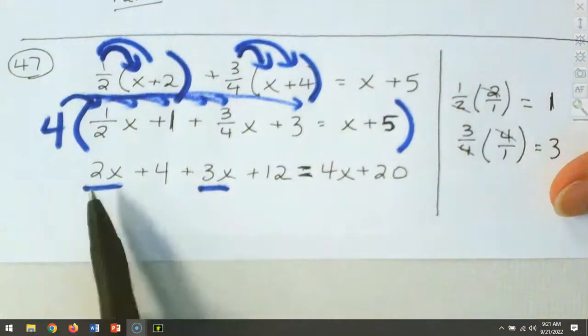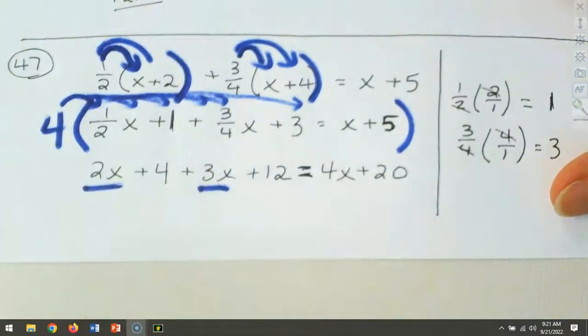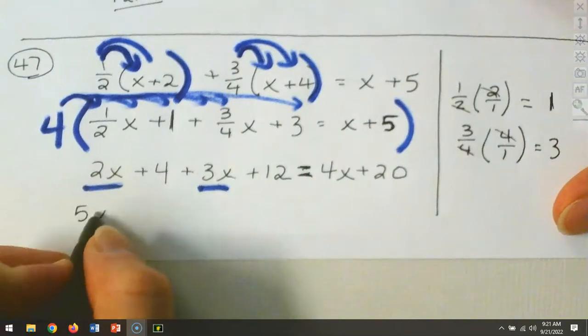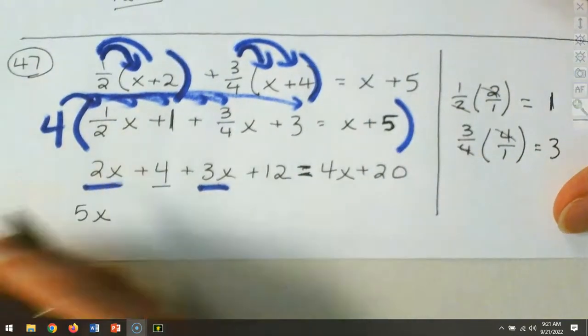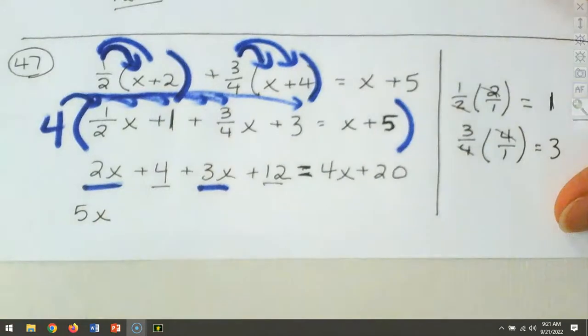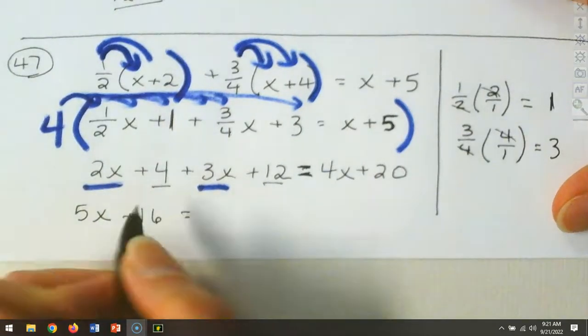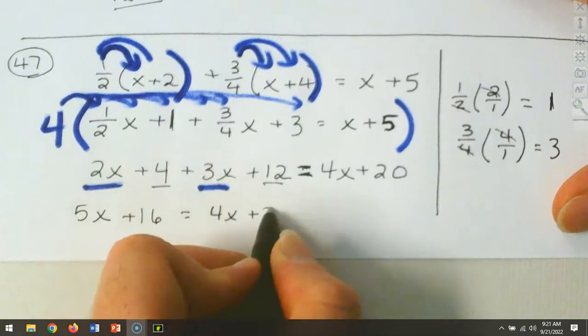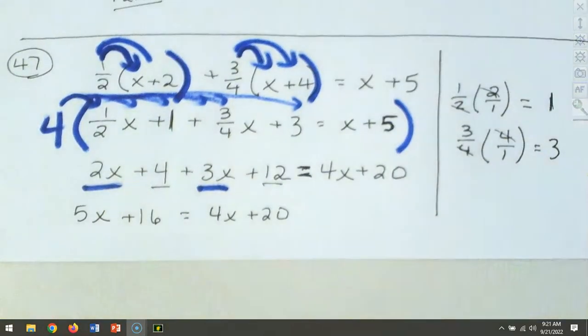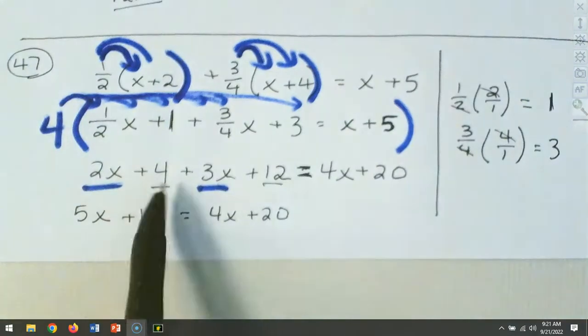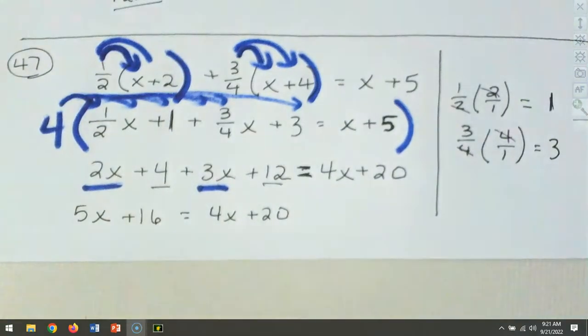On the left side, I have a 3x and a 2x. That makes it a 5x. And then I've got a 4 and a 12. Those can go together and make it 16. Is everyone all right with that? So just combine. Be careful with your adding and subtracting.